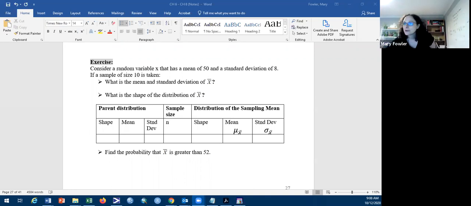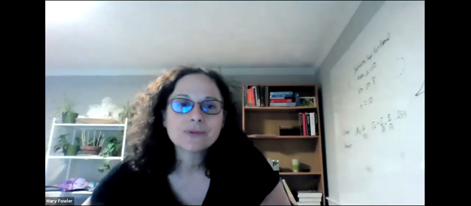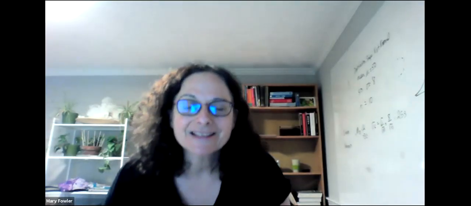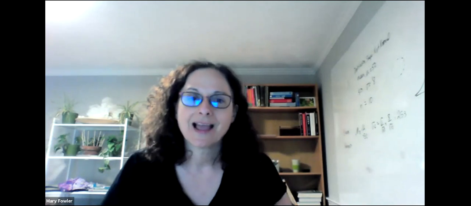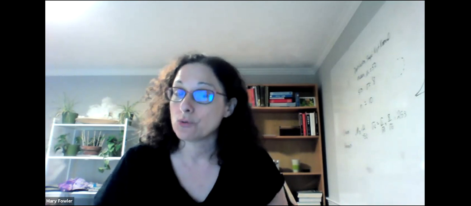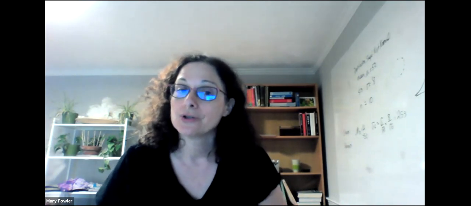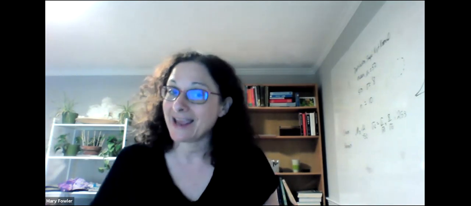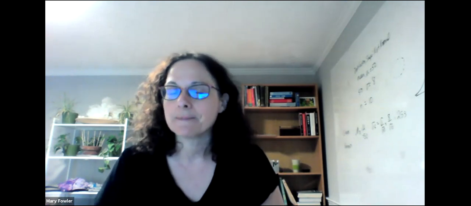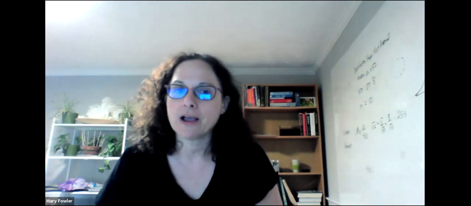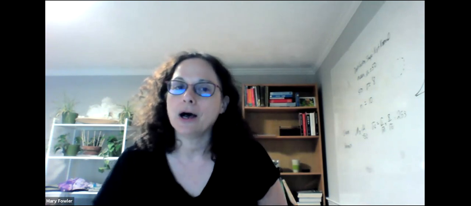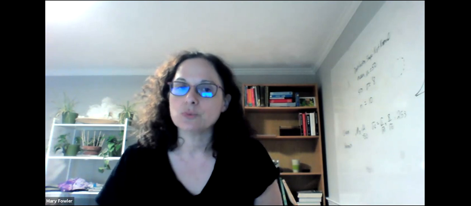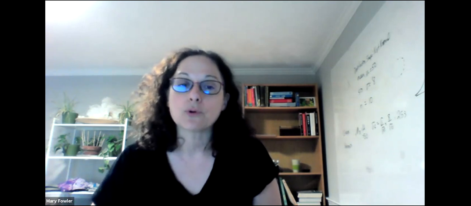And the second part of the problem here, the issue is that since I don't know the shape of the distribution of X bar, I really can't do a normal calculation. So we really can't find this probability. And it's important to know that sometimes you just don't have enough information about, in this case, the distribution of the sample mean to move forward in a problem.